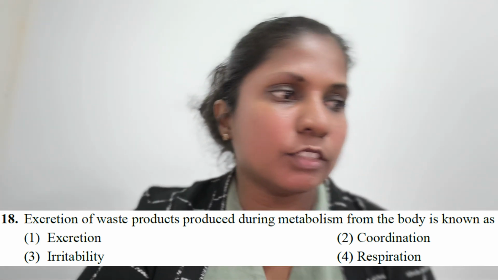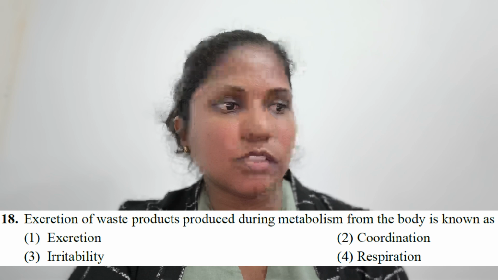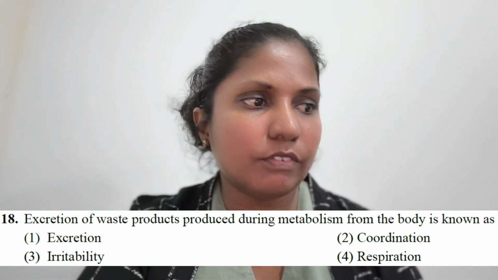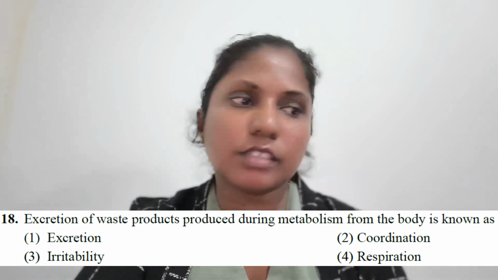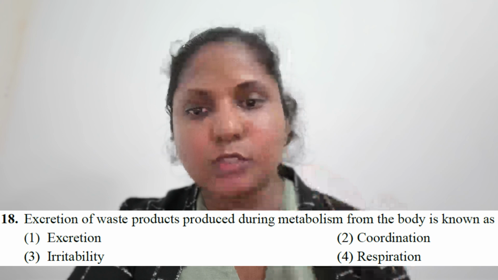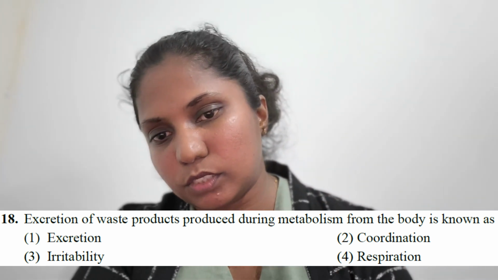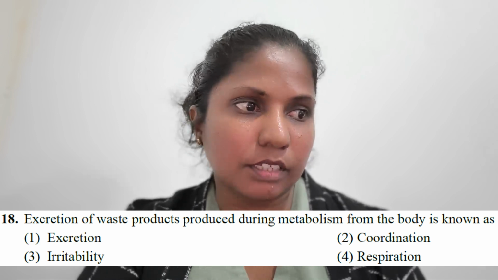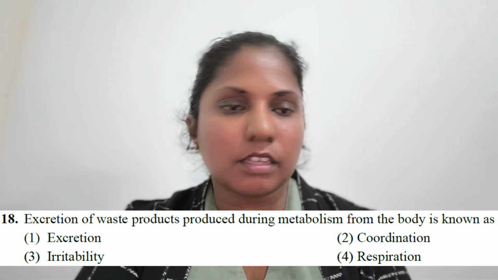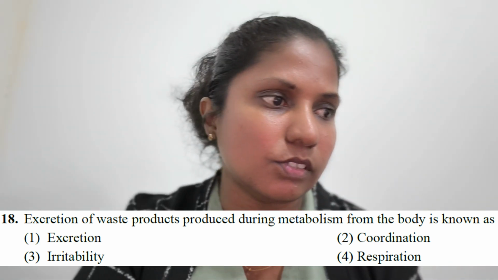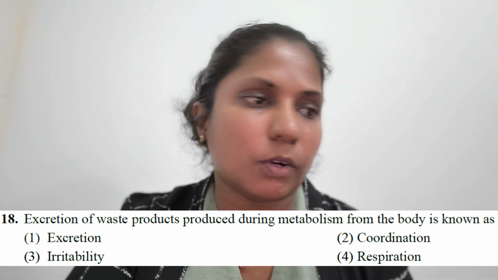Coordination is the process of organizing and controlling the activities of different organs and systems of a body, trying to manage those processes efficiently. The nervous system and endocrine system coordinate the actions and responses in the human body.